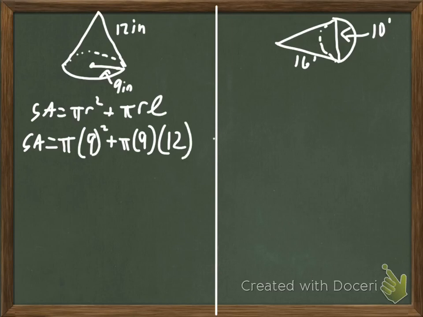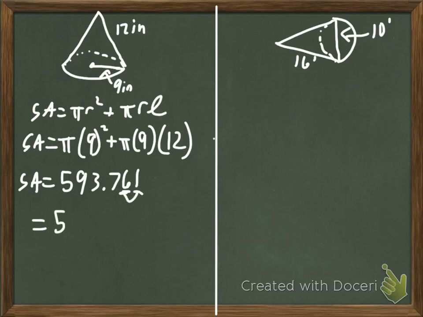And again, we're going to round to the hundredths place, so we get surface area equals, we do that in the calculator, we get 593.761. We're rounding here, so we get our surface area to be 593.76, and then it's in inches squared, or it's still squared inches.